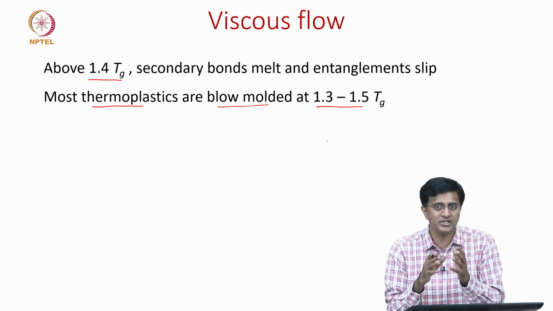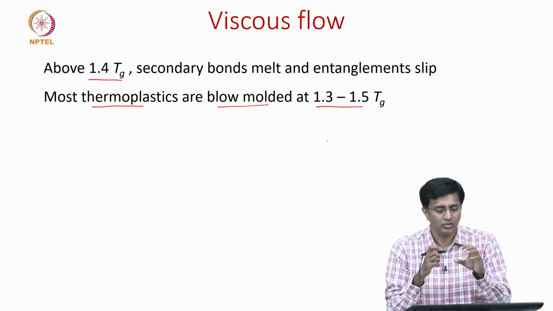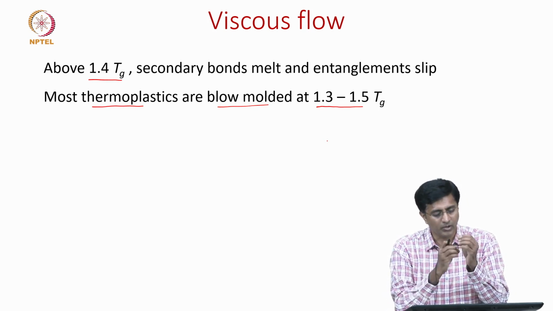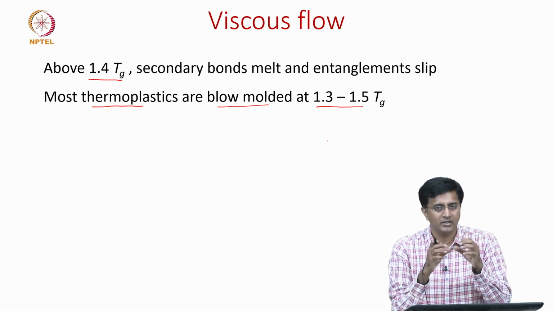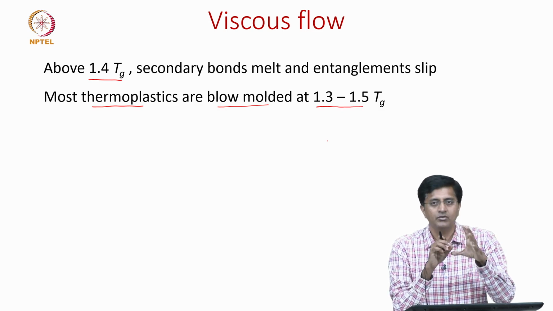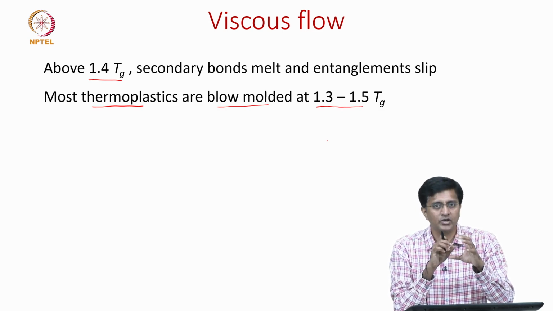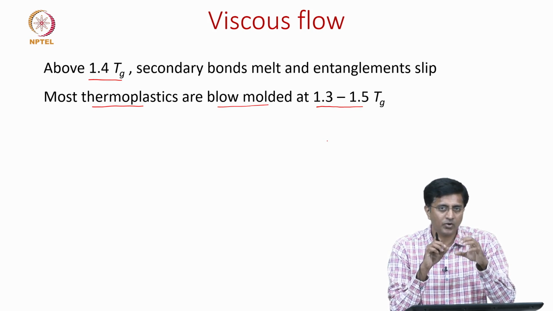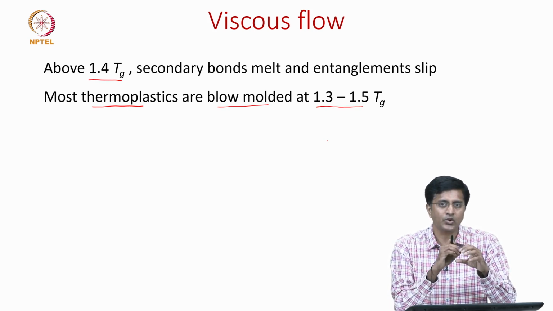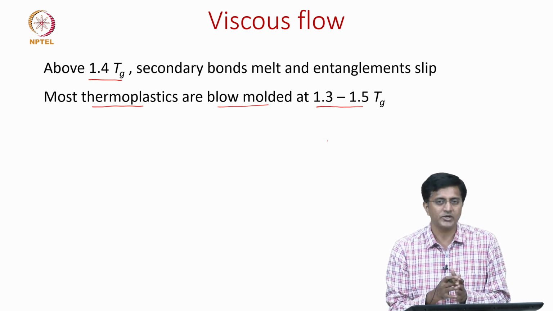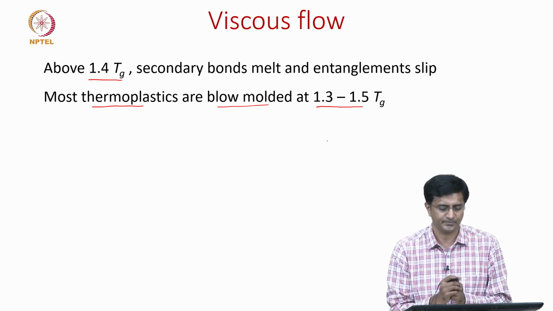The energy needed to blow, which means you need to expand an air bubble, is because you need to blow the air which is opposing this movement of the polymer. So since the polymer is less stiff or the modulus is less, the energy required for this blow molding is less. That is the reason why these temperatures are chosen for this process.